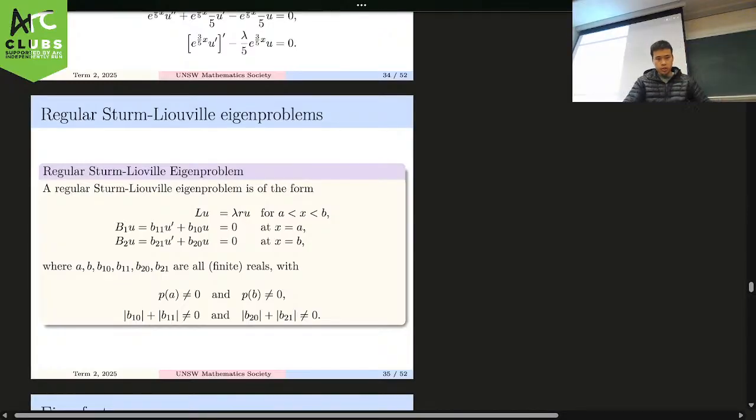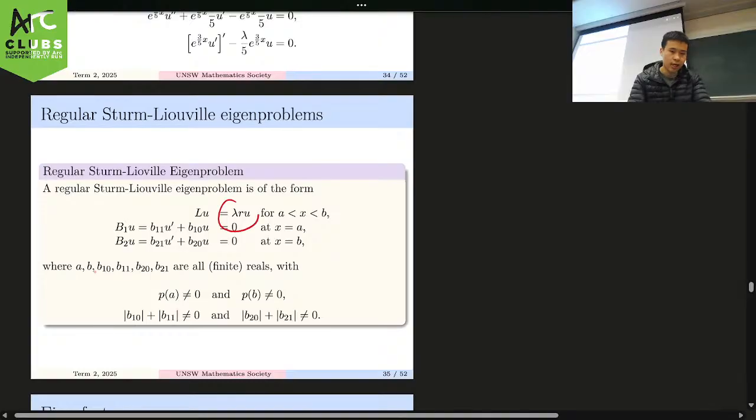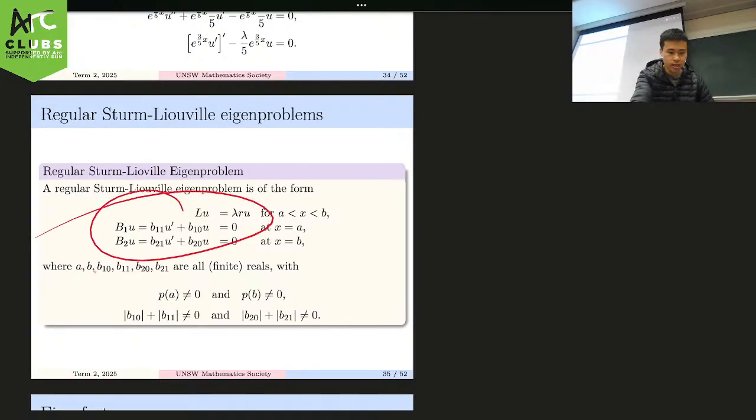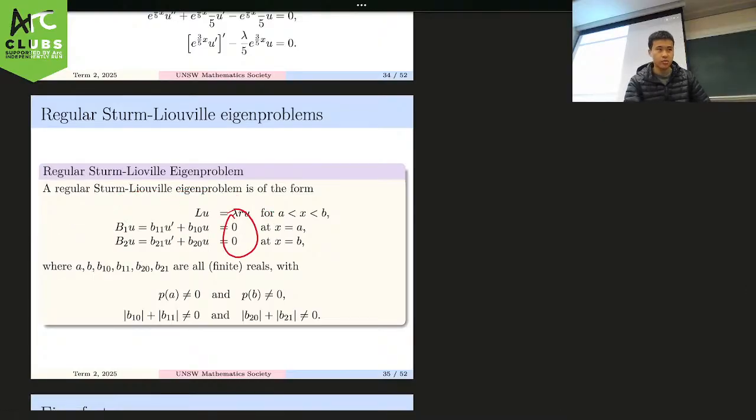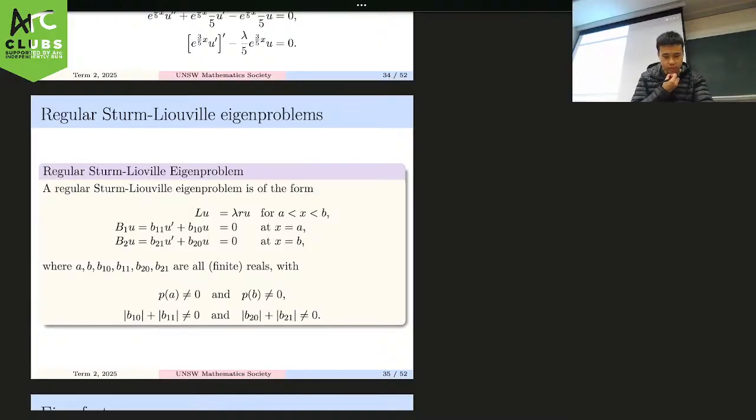Okay, so a regular Sturm-Liouville eigenform is going to be in this general form. L of u is going to equal lambda times r, our eigenfunction, times u, similar to that eigenvector notation. And here our boundaries are the same, except instead of saying alpha 1, alpha 2, you are saying 0 essentially, because I don't want to deal with a million different cases.